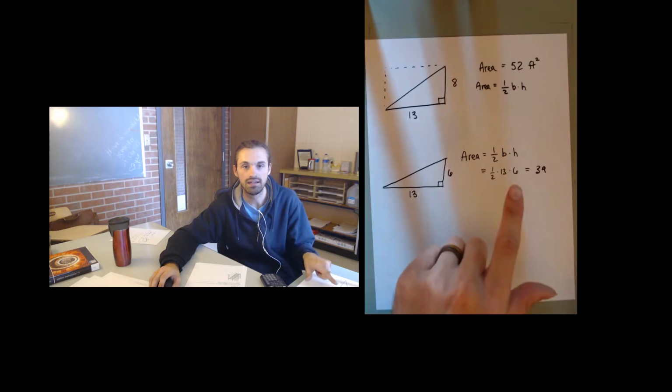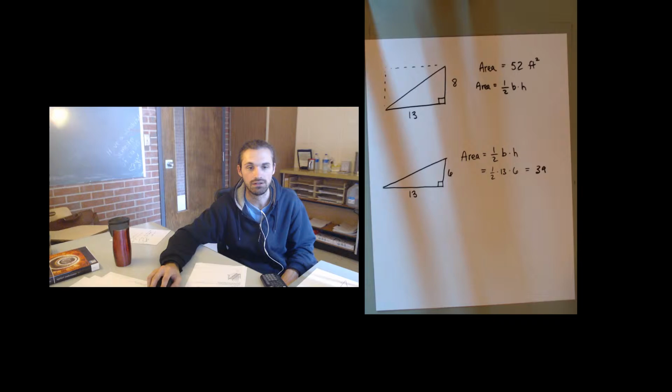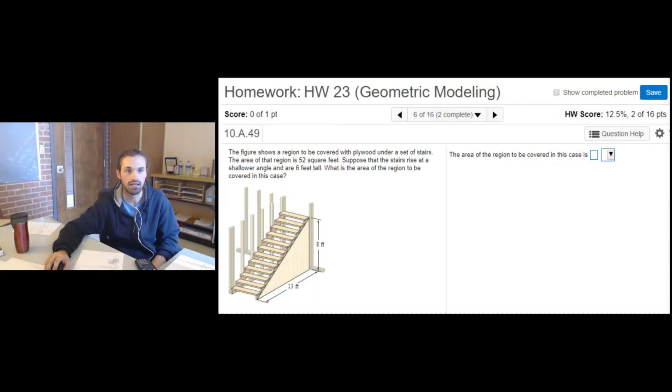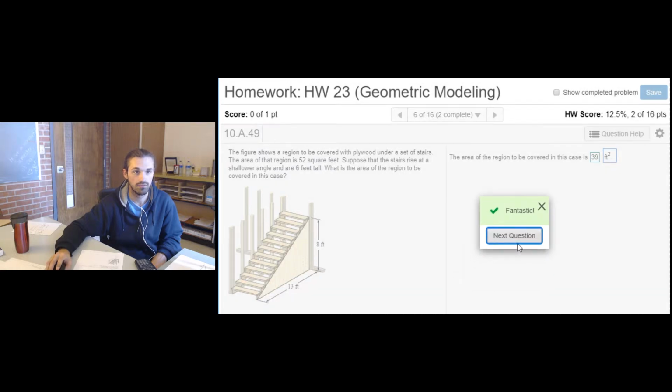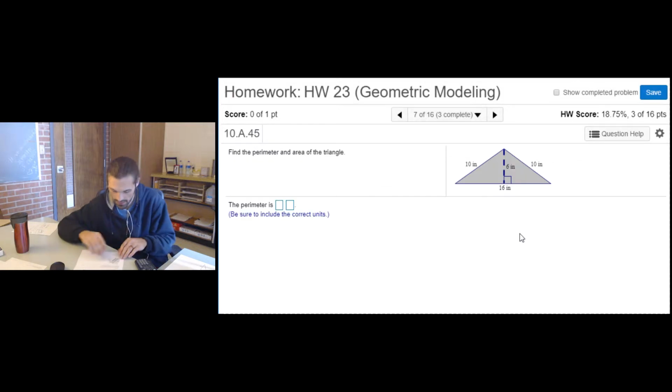So the base I called 13, the height I called 6. Do the multiplication to arrive at 39 feet squared. Why feet squared? Well, we're measuring an area. That's square feet. We got it.